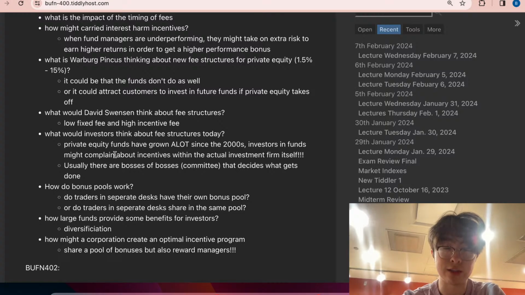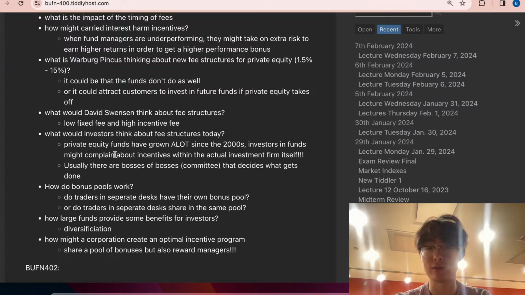Maybe it's even more emphasized now because of the saturation within the market. But some things they would complain about are, okay, are you taking too much fixed percentage of the committed capital, or maybe you're taking too high of a percentage of the profits, or maybe you're not actually aligned with what our return objectives are. And so these are all valid complaints that investment clients might have for private equity fund managers.